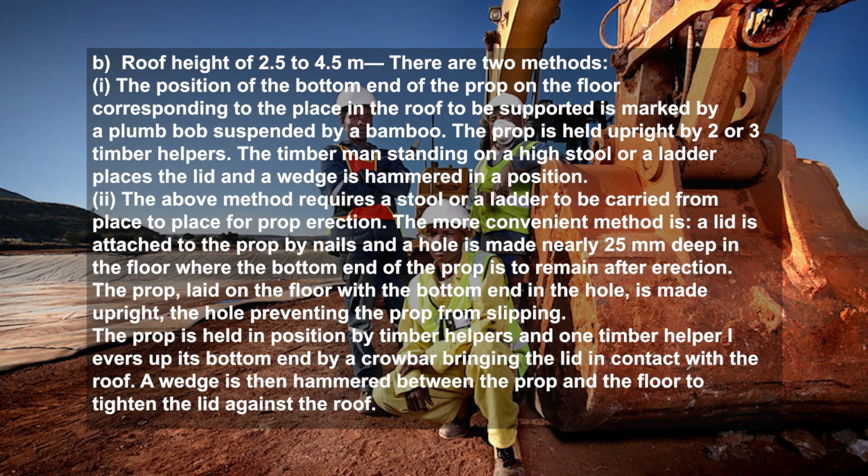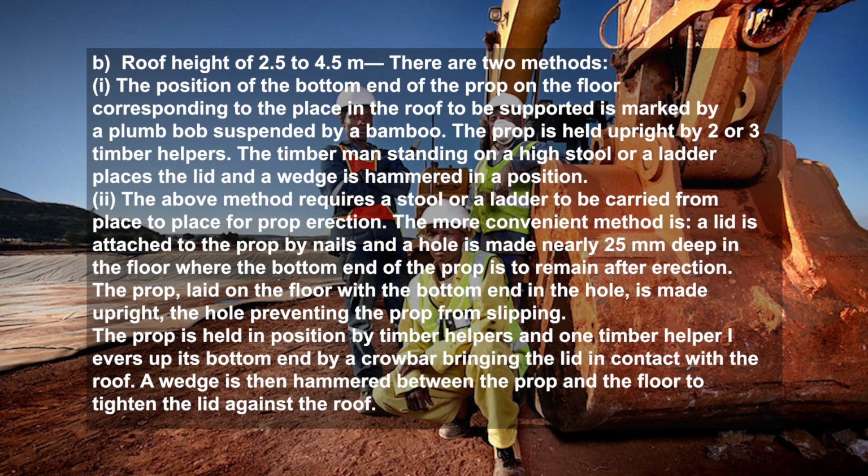The more convenient method is that a lid is attached to the prop by nails, or a hole is made nearly 25 mm deep in the floor, where the bottom end of the prop is to remain after erection. The prop laid on the floor with the bottom end in the hole is made upright, the hole preventing the prop from slipping.